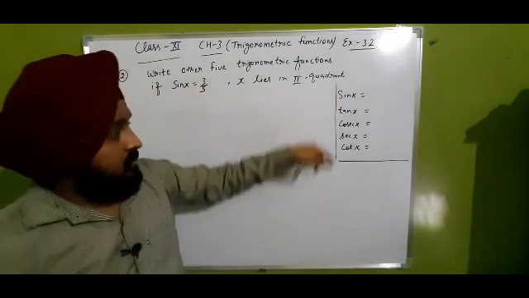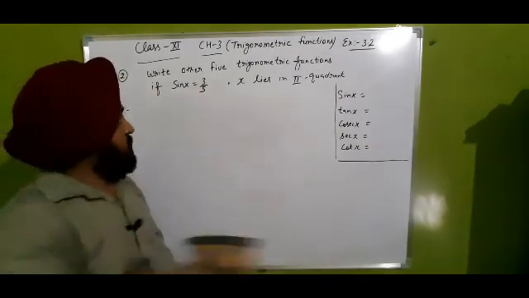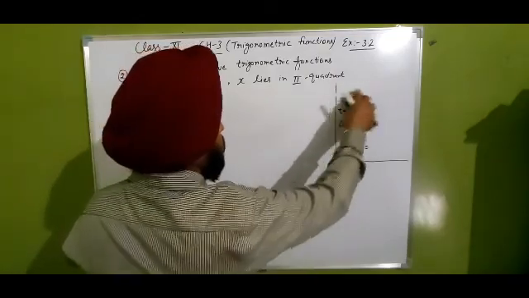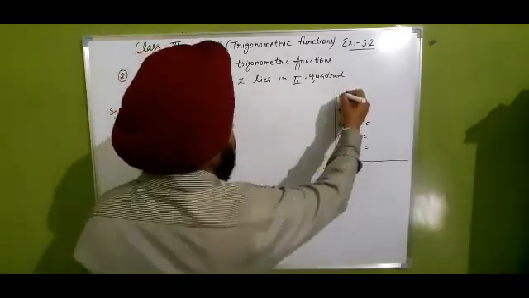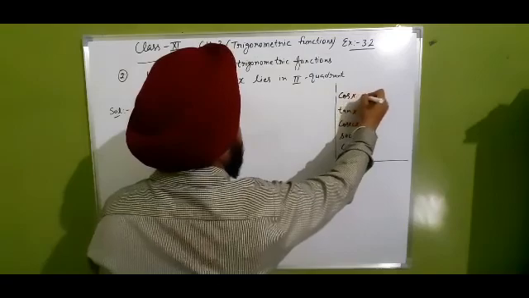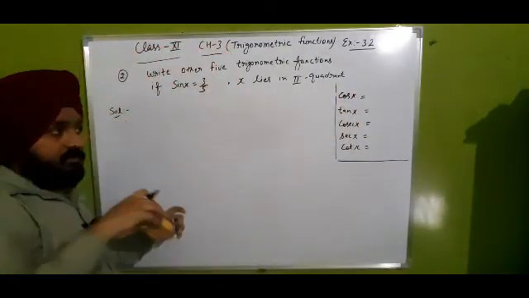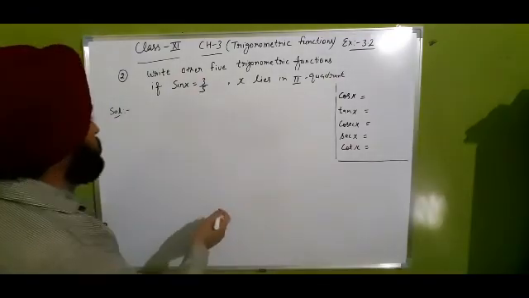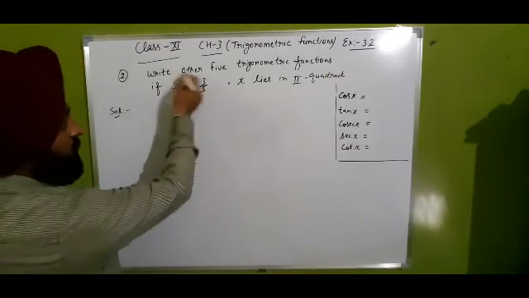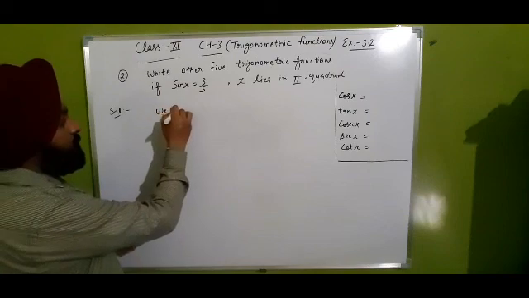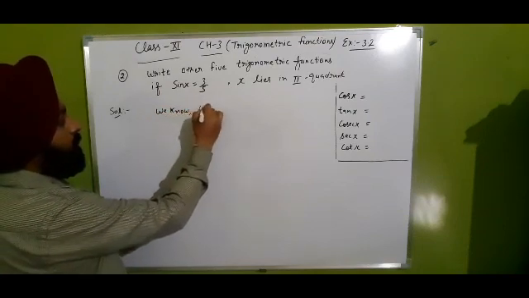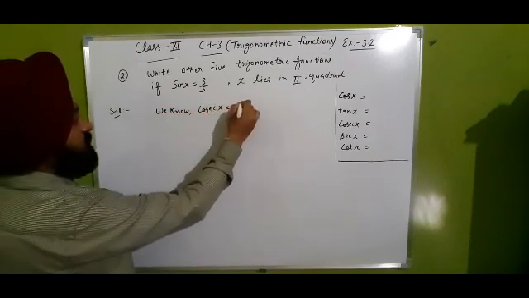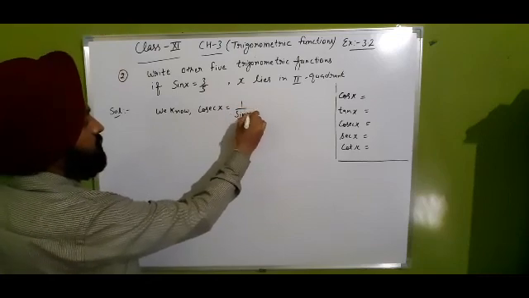So we have to find the other values rather than sin x. We have to find cos x, tan x, cosecant x, secant x and cot x, these all values we have to find. Other 5 trigonometric functions. Let's start. We have been given sin x. We know that cosecant x is a reciprocal of sin x.